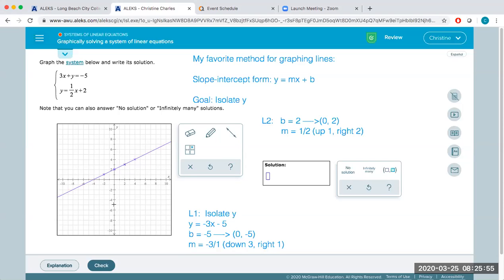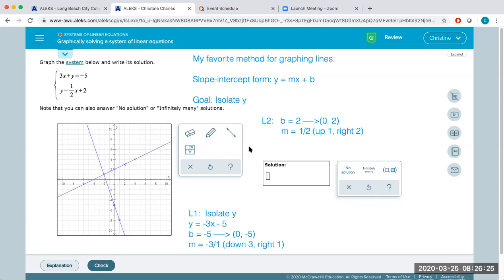Let's start at negative 5 on the y-axis, aka 0, negative 5. And then we're going to move down 3, 1, 2, 3, right 1. Let's try that one more time. Down 3, right 1. Go ahead, make your line.